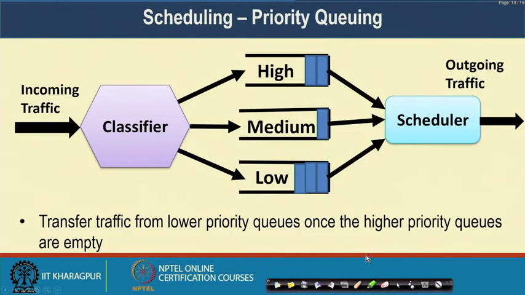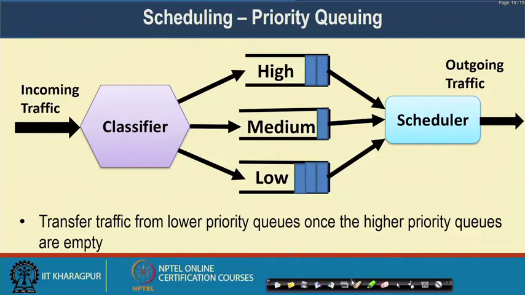The first scheduling that we are going to look into, we call the priority scheduling. So, what happens in the case of priority scheduling? We have multiple queues of different priority. The classifier classifies the incoming traffic and puts it into different queues, either the high priority queue, the medium priority queue or the low priority queue.